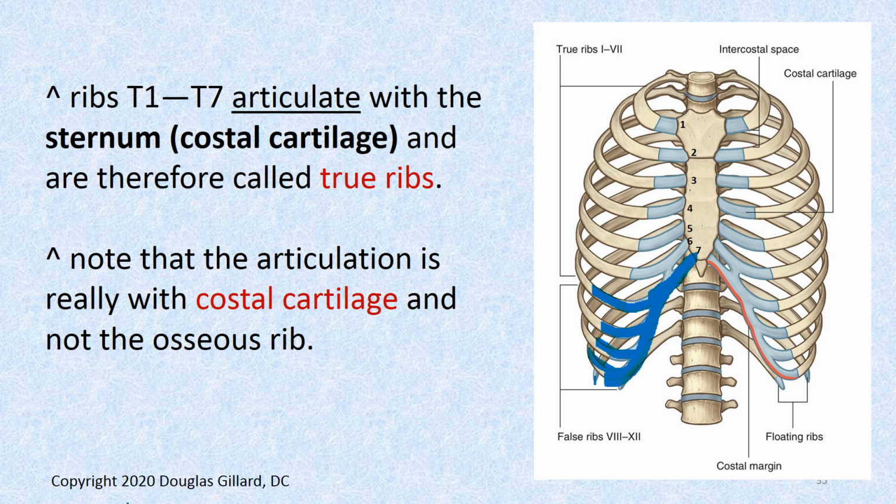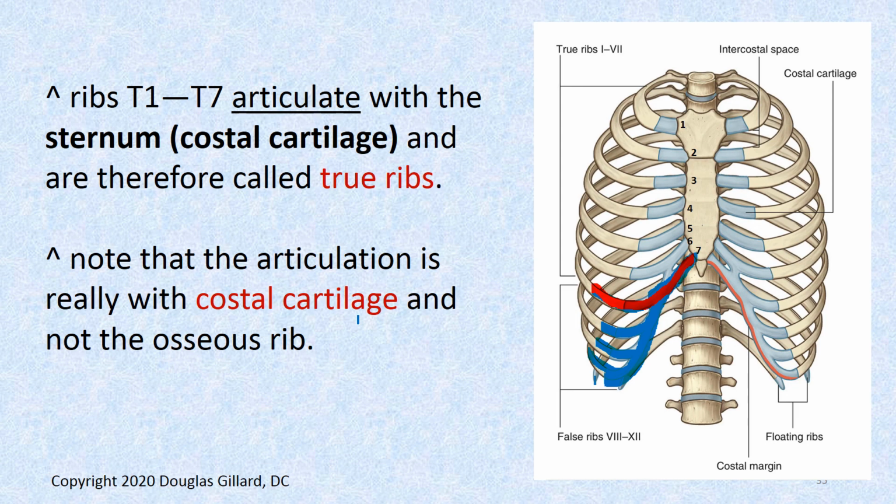It's too hard to change colors. What would happen if I change colors? Let's see what happens. How about red? So there's T7 rib. But you see how the blue morphs into it as well. So it kind of mixes in with it. So 7 is still part of the costal margin. Kind of the point there. All right, 1 through 7.